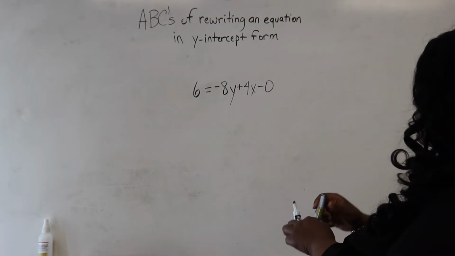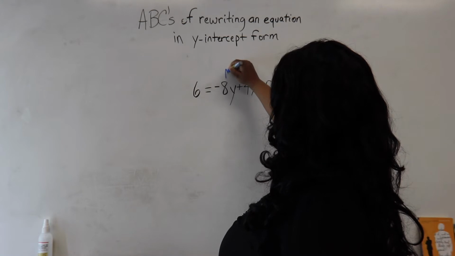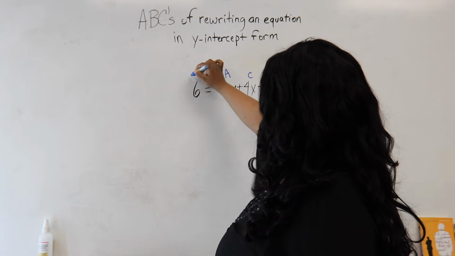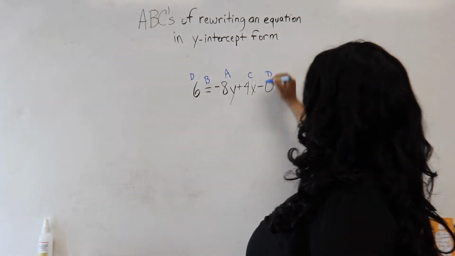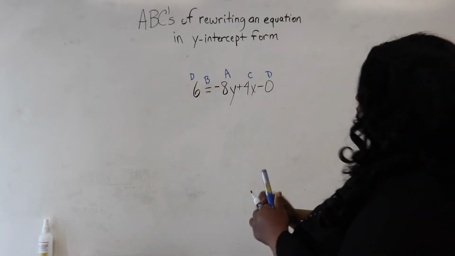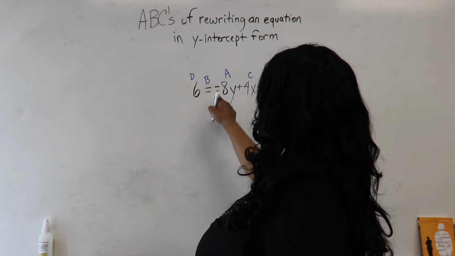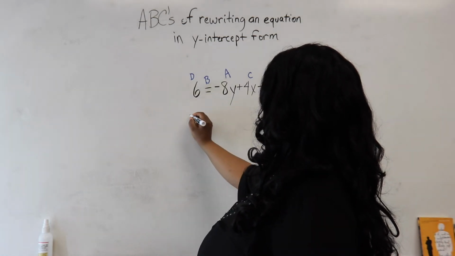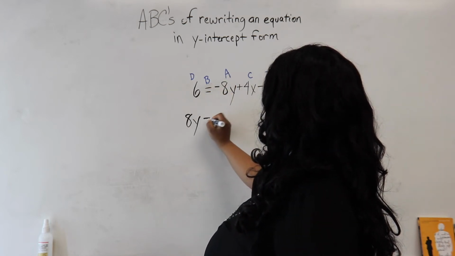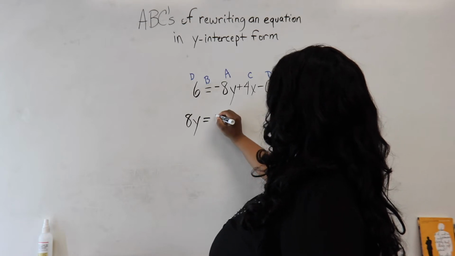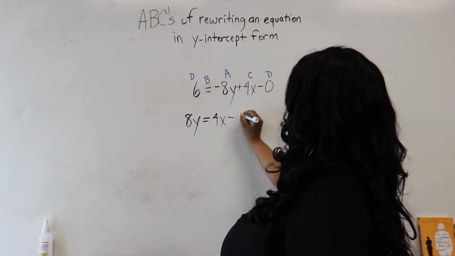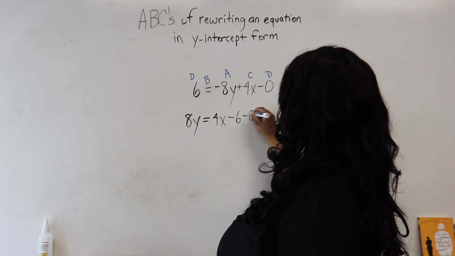So let's go ahead and set it up. Same thing, here's our A, B, C, D. In this case we have 2 D's. So let's do it. It's a negative there, we need to move it. So it's going to become 8y, that's A, here's B, equals 4x, that's a positive, let's move it, minus 6, minus 0.